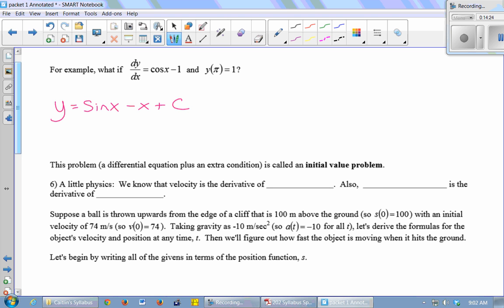So this means that pi comma 1 has to be on the graph of the solution. So if I replace my x's with pi's, my y should be a 1. So I'm going to make my x's pi, sine of pi minus pi plus c. I should get a 1.